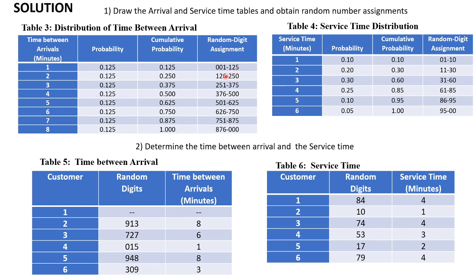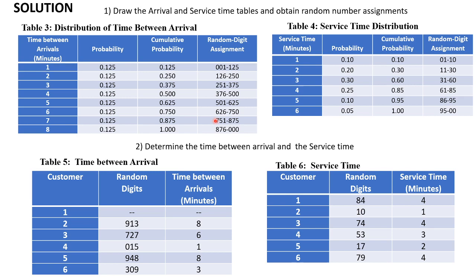Then at the back of that, the next level, we have 126 to 250. All right, then 251 to 375, and then 376 to 500, 501 to 625.